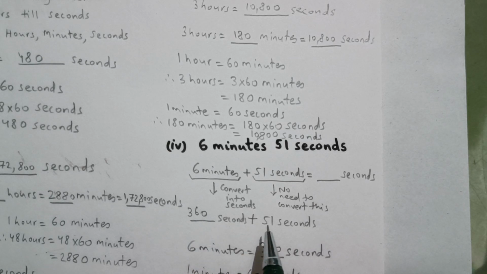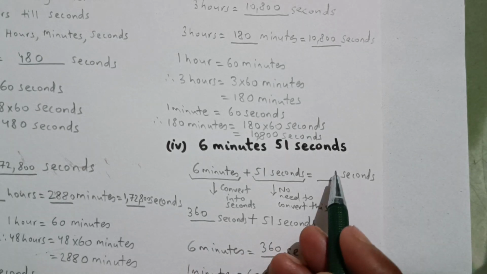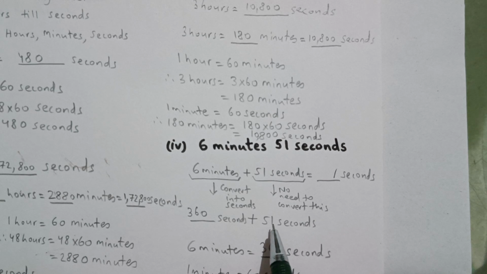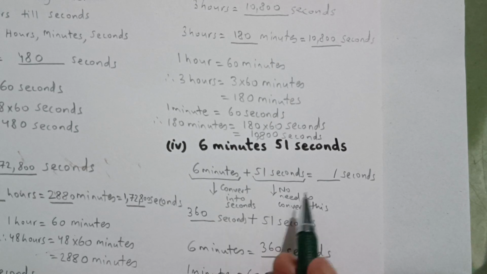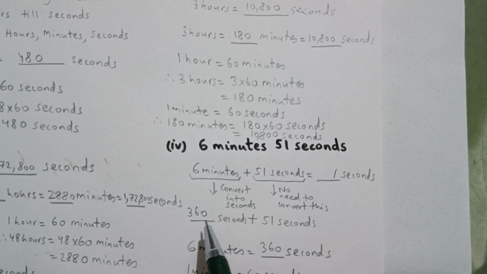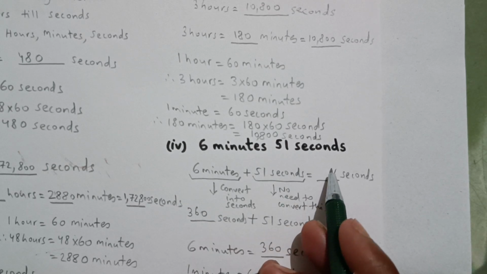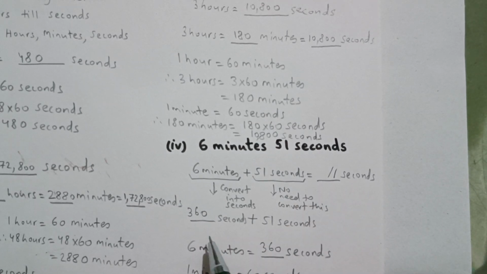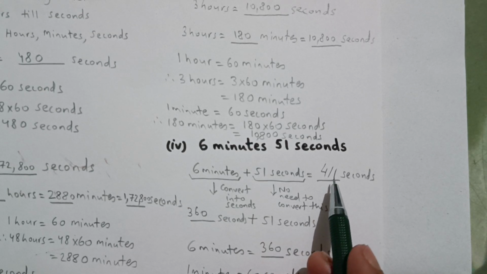So 360 plus 51. In the units place, 1 plus 0 is 1. Then in the tens place, 5 plus 6 is 11, and carry forward 1. 1 plus 3 is 4. So 360 plus 51 is 411.